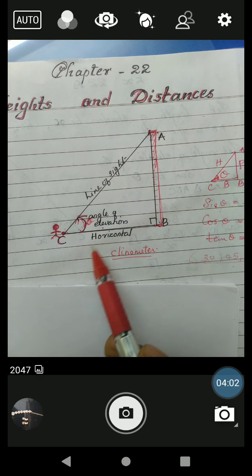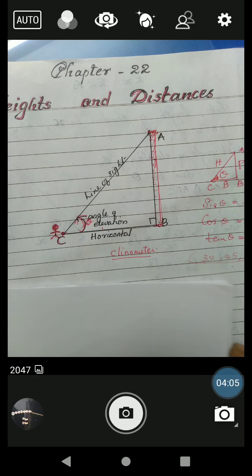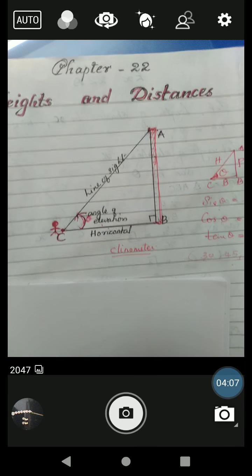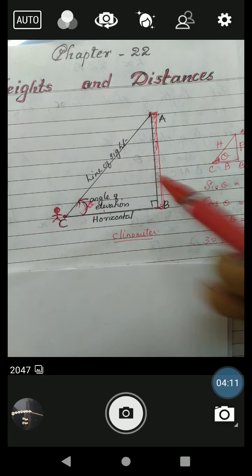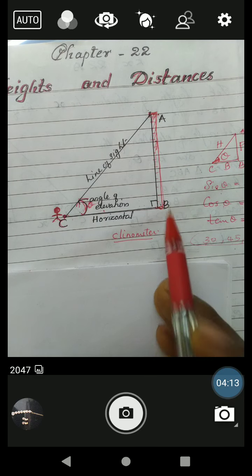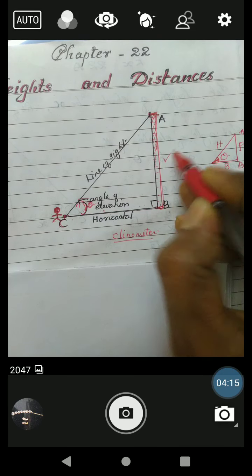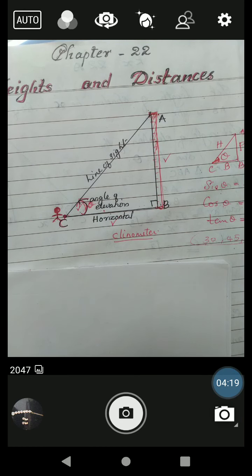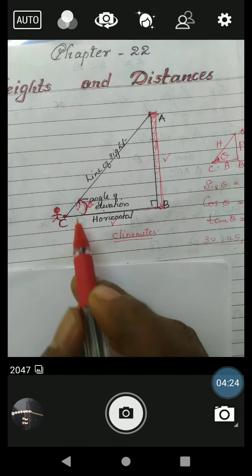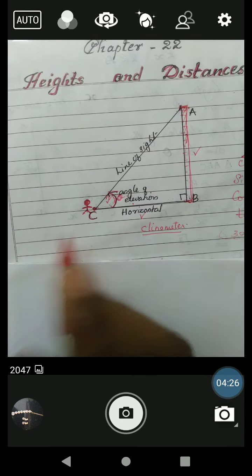Which trigonometrical ratio can we use? You have to connect AB, the horizontal distance and this angle.